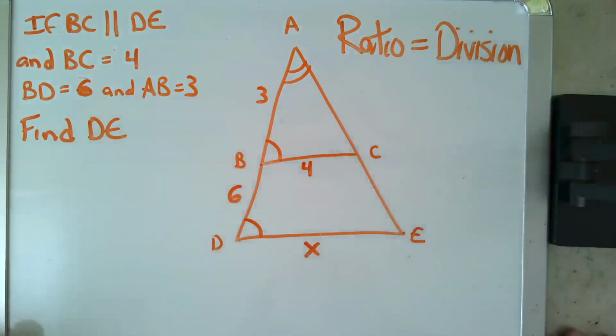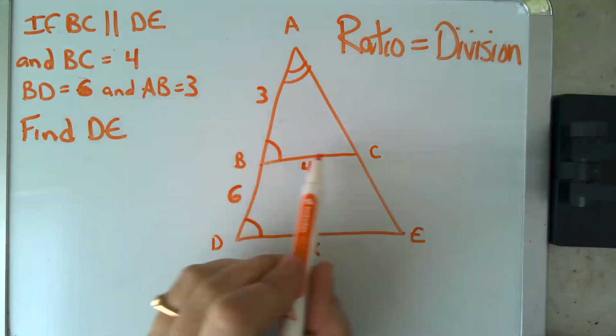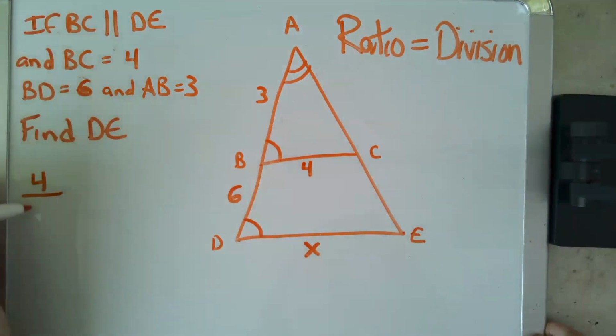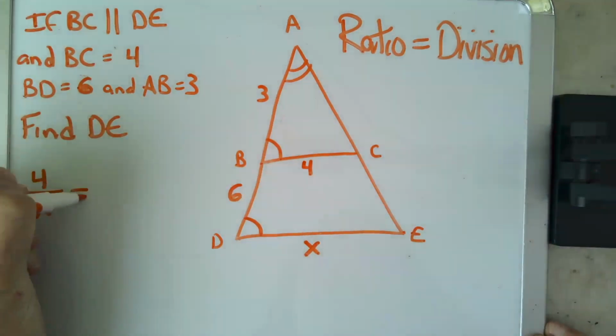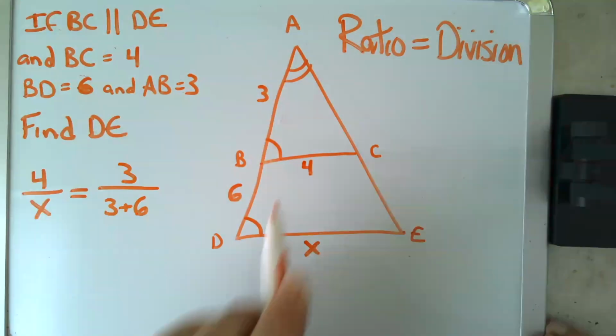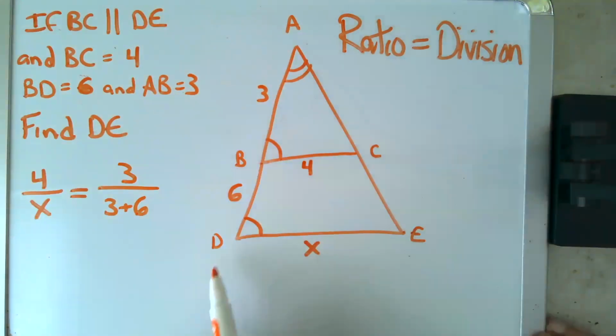Whenever they say ratio, you can write it as 4 to x with the colon, but you can also write it as 4 over x, division. And that's what's going to give us equations to set up. So let's go ahead and set that up. Small to big, 4 over x equals small to big, 3 over 3 plus 6.